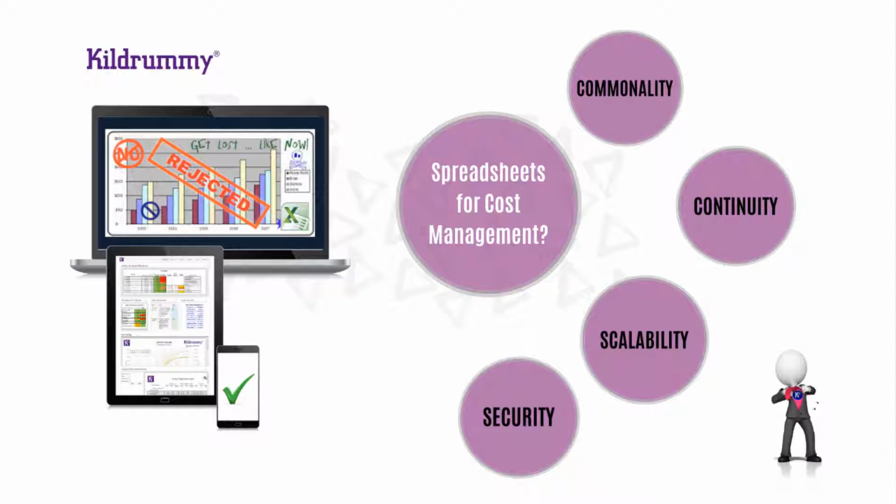And do we want to allow suppliers to have access, perhaps updating delivery information or expediting information on a capital project? So those sorts of access situations are very, very difficult to manage when you're using spreadsheets. However, using a professional cost management system, it's something that we do in Kildrummy Cost Management as a standard.